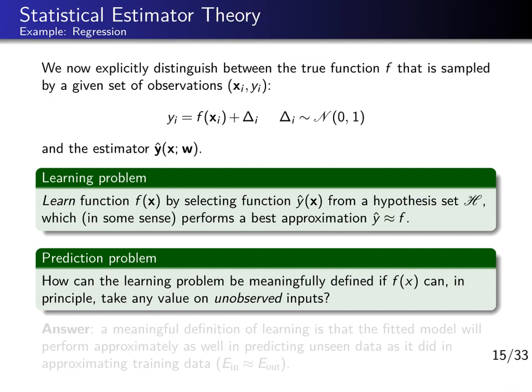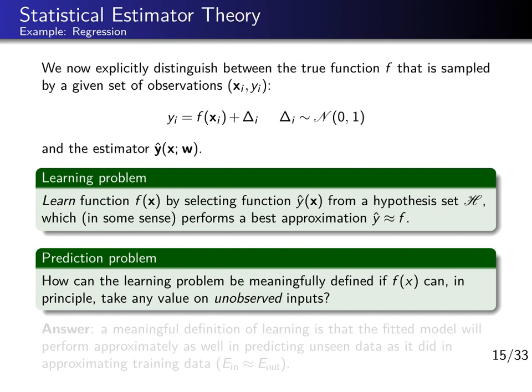Now, since f can in principle be anywhere outside the observed input, so for any of the unobserved inputs, we do not really have any way to limit where f is.